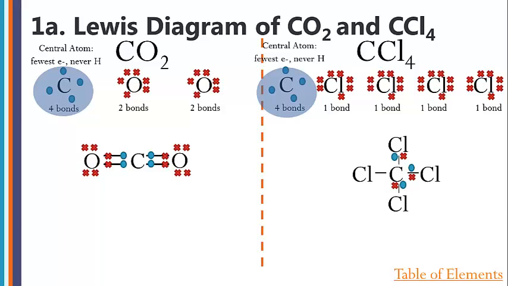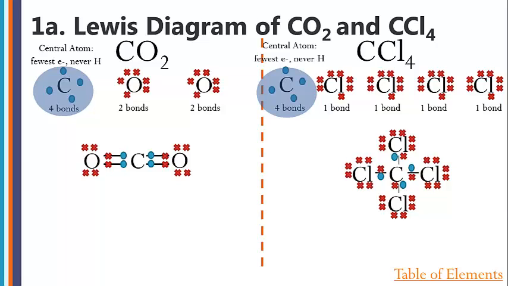So of the 2 electrons, 1 from carbon, 1 from chlorine. At this point, I've drawn carbon's 4 valence electrons, so I'm good there. But I've only drawn 1 valence electron for each chlorine, and chlorine is supposed to have a total of 7. So I already have 1, which is that unbonded electron, and now I have to add the other 6 electrons, which are going to be lone pairs on the chlorines.